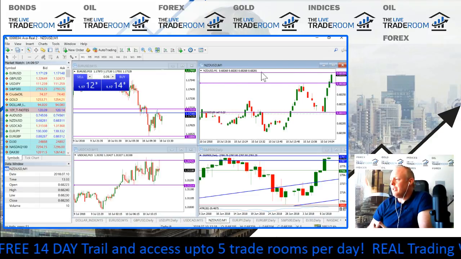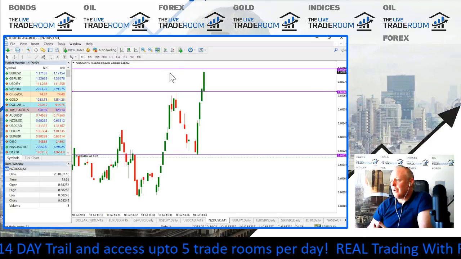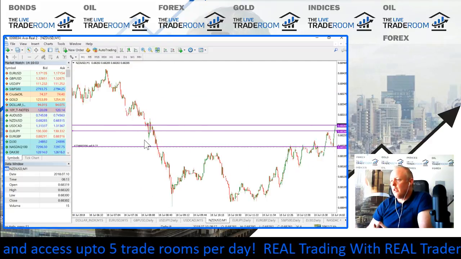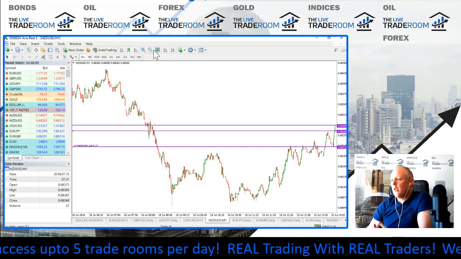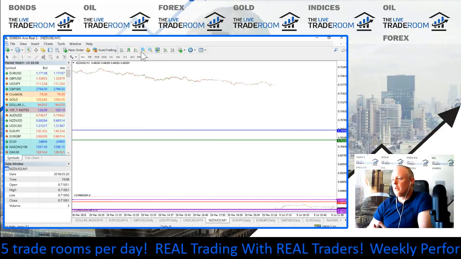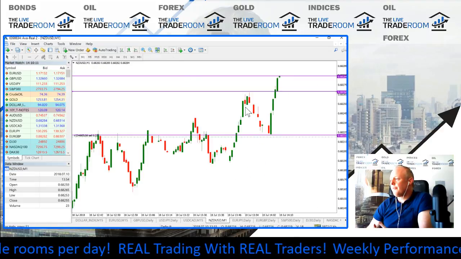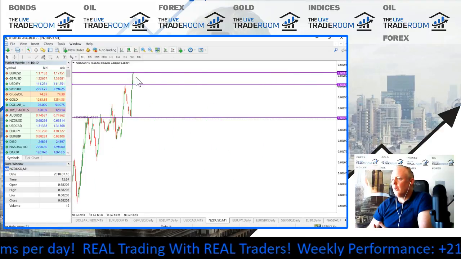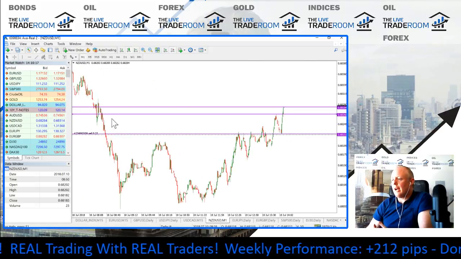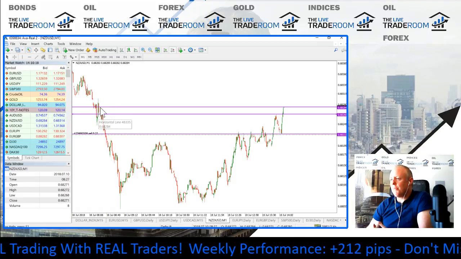So the New Zealand dollar, we said we'd have to reassess, and that's exactly what's happening. Let me zoom in just a little bit. So we have this market just coming back to this level.